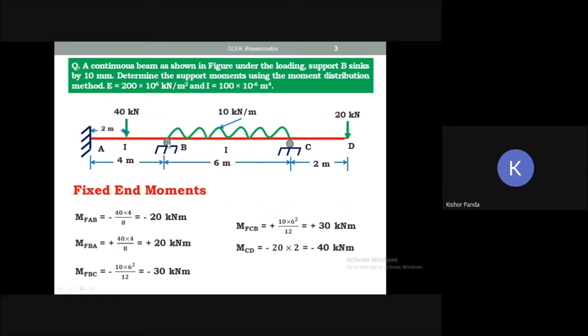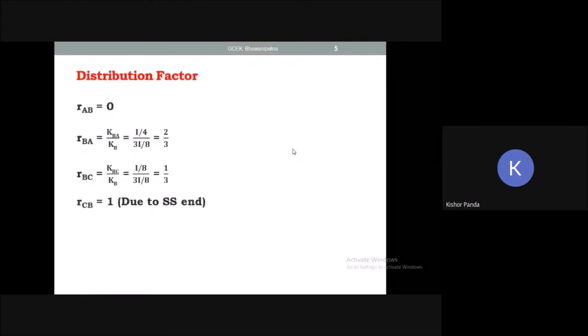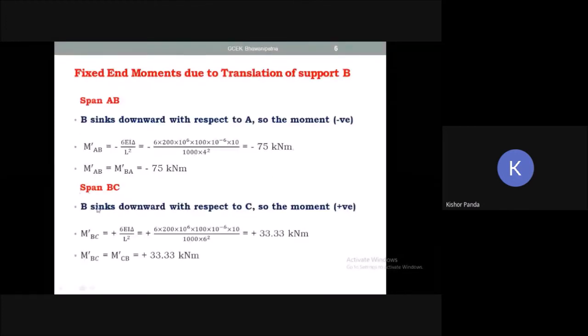When the left support sinks by 10 mm with respect to the right support, in that case you have to take the fixed end moment as positive. Span BC, B sinks downward with respect to C, so the moment you have to take positive.